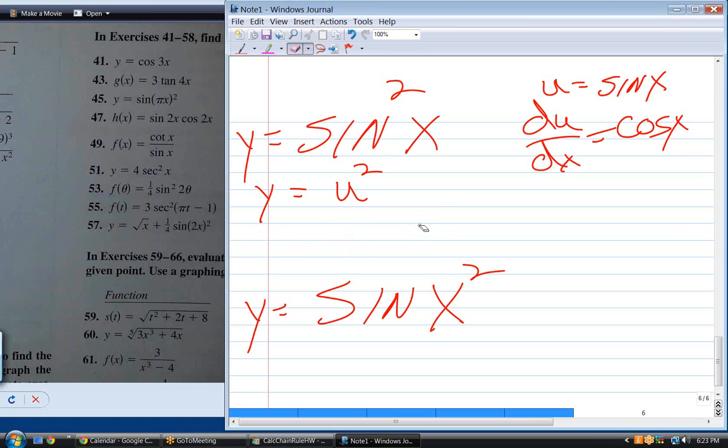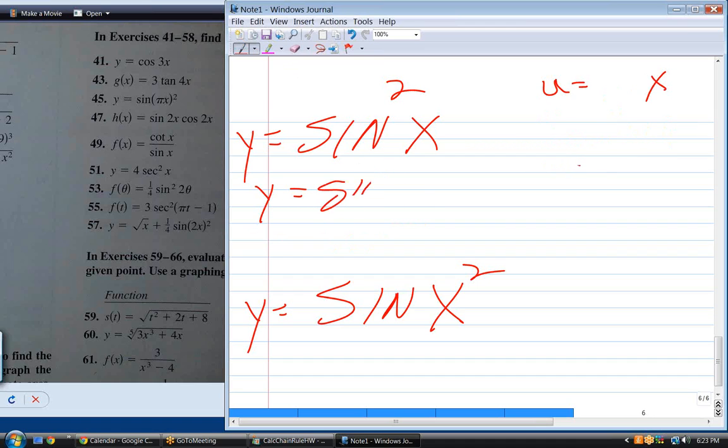So by using u substitution, you can determine what to make the inside. Okay? Notice that if I made u x, I would be no better off. I still don't know how to differentiate that because I haven't figured out what the inside is yet. I can't take the derivative of sine squared of u, same reason I can't take it of sine squared of x.